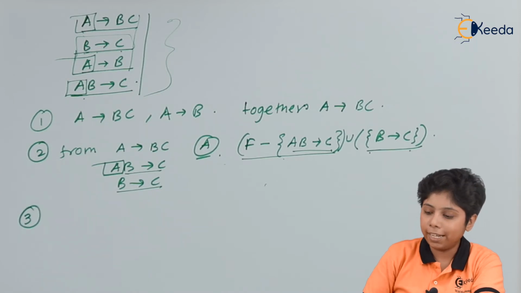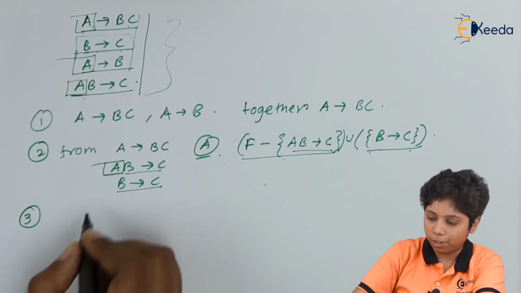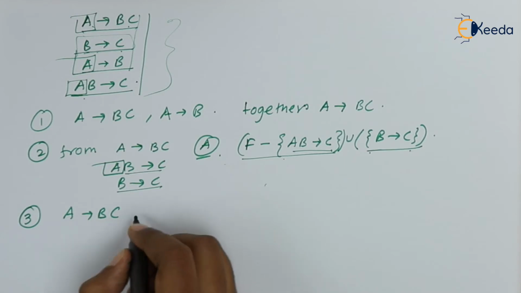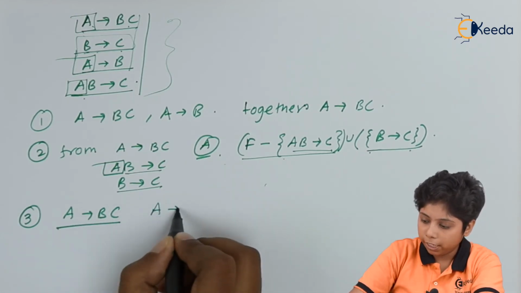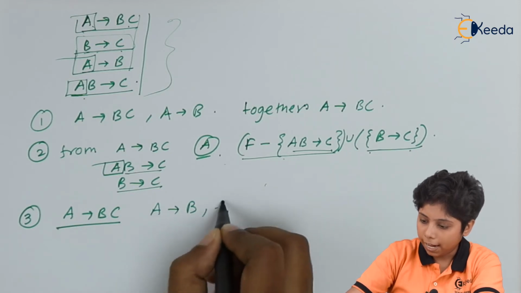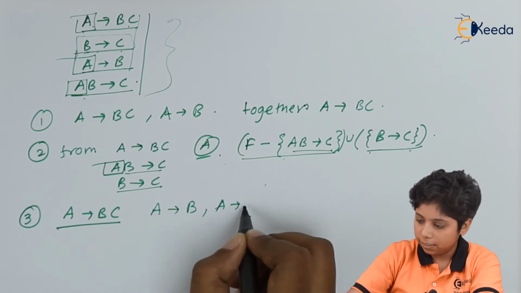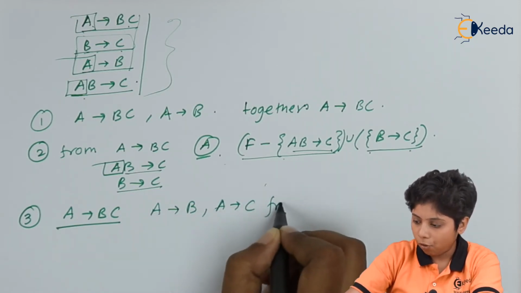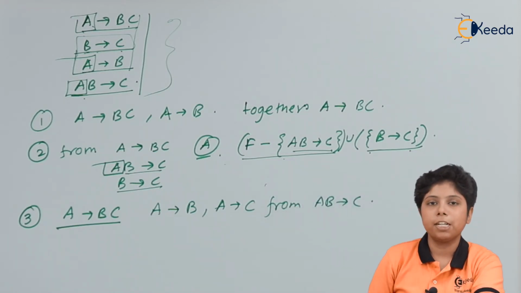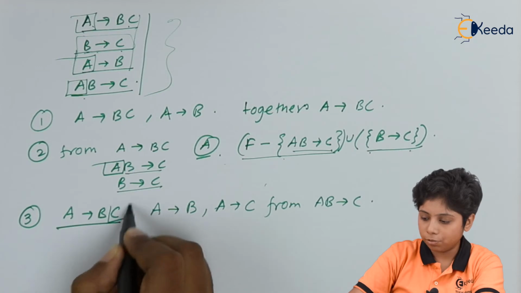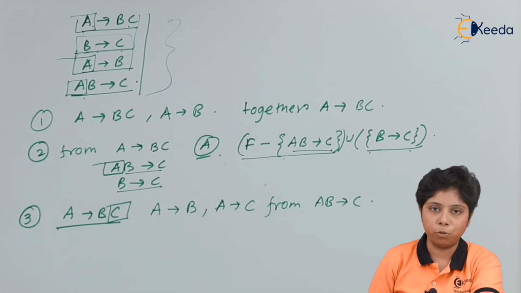Now C is an extraneous attribute in this one. It is logically implied by both A defines B and A defines C from AB defines C. So we can say that C is extraneous here, so we should remove it.